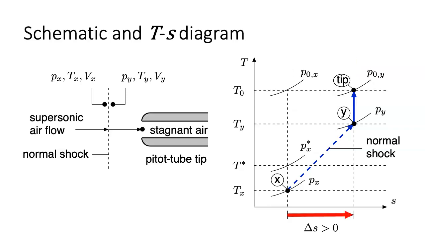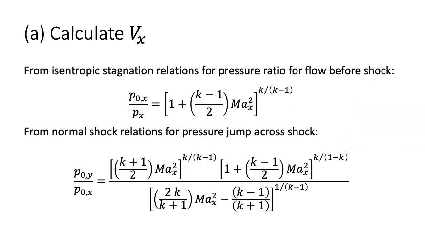For the normal shock itself, the entropy must increase and the shock must jump, which is indicated by a dashed line, from supersonic to subsonic flow. This means that at state X, the temperature is below the critical temperature, and then at state Y, it is above the critical temperature.